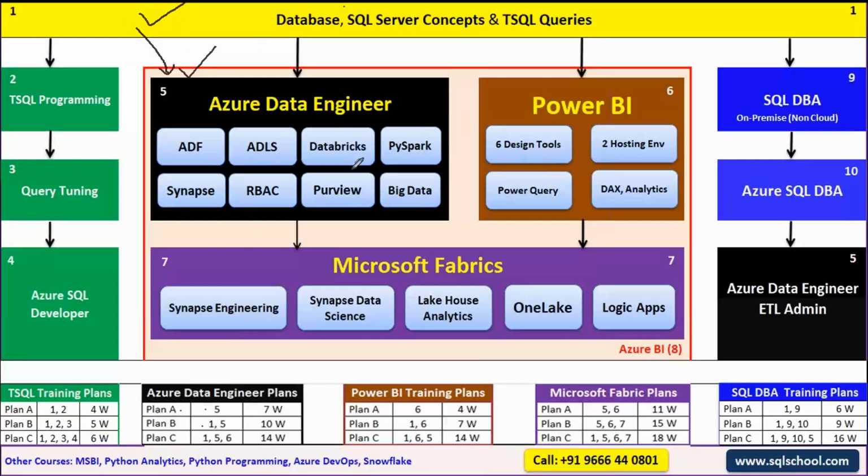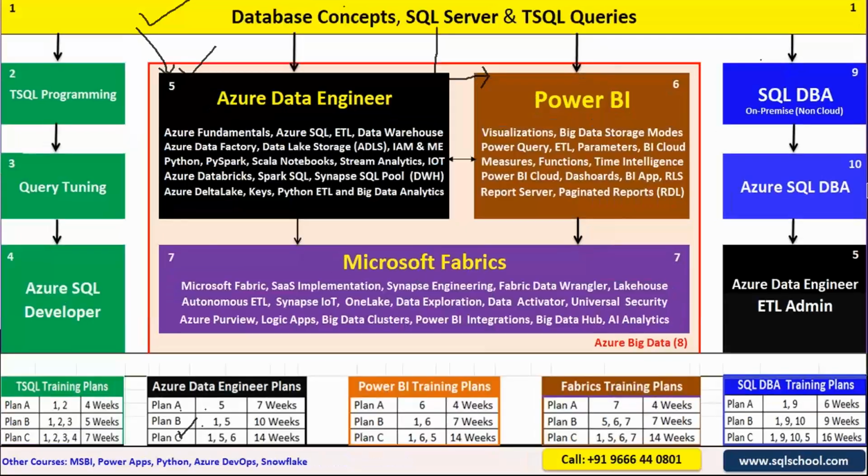If you would like to have an experience profile in your resume, 1, 5 and 6, data engineer plan C. Choice is yours, you choose any one and we'll take it from there slowly, step by step.